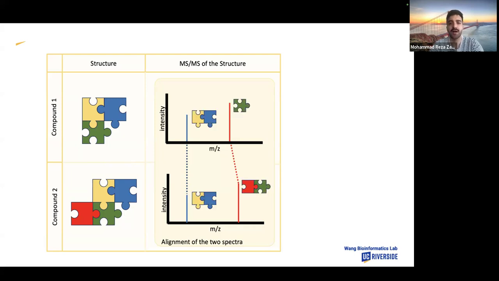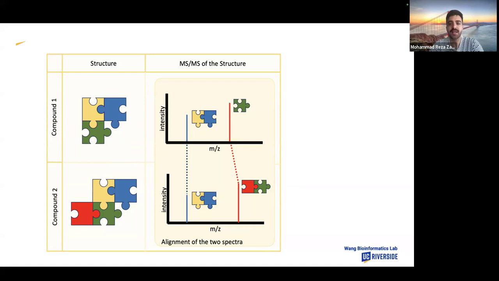Once we start annotating these peaks, the shifted peaks must contain this newly added part. Here, for example, we have figured that the red peak corresponds to the green puzzle piece. Now we see that on the new compound's MSMS, it has been shifted by the same mass as the red puzzle piece.